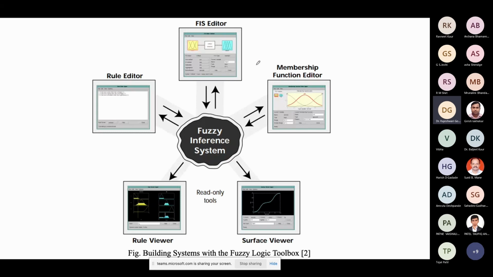These are the editors. And these are the viewers, like rule viewer and surface viewer. These things are available in your MATLAB.